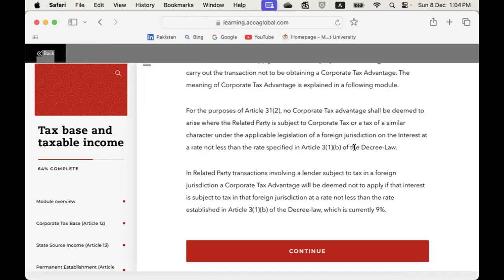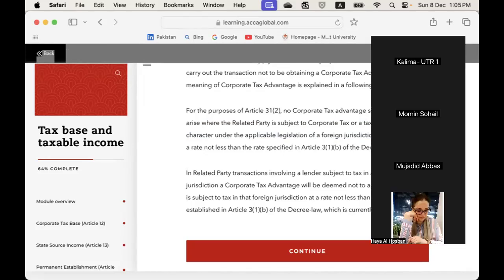Other than Abbas and Haya, can you guys tell me how a clever way a corporate tax advantage can be created between related parties through lending and borrowing, intercompany lending and borrowing? Farjad or Kalima or any other person?